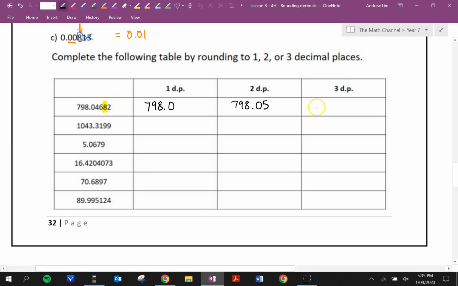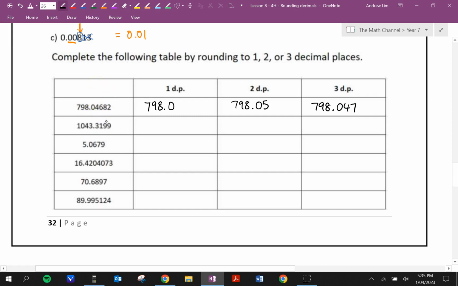So that tells us it's going to be 798 point, is it going to be 046 or is it going to be 047? Well, that 8 tells us it's going to be 047, because that 8 is 5 or more. If it was 4 or less, then it would stay at 046.